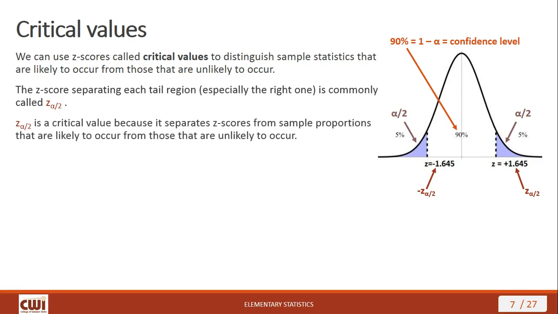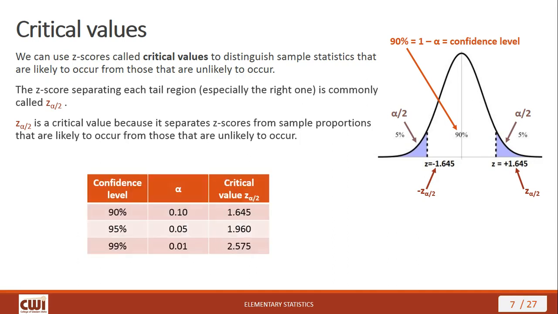Z alpha over 2 in this case is the critical value because it separates z-scores from sample proportions that are likely to occur, which are those within the confidence level area in the center of the distribution, from those that are unlikely to occur, those that are in the tails of the distribution. Here we have a table where we're showing again critical z-scores that correspond to different confidence levels.